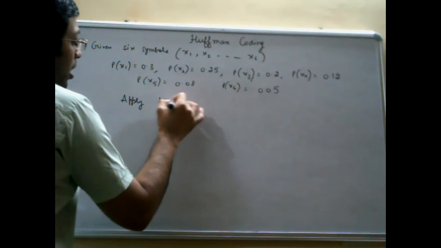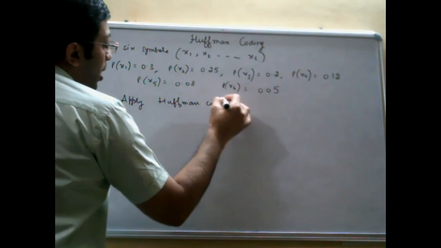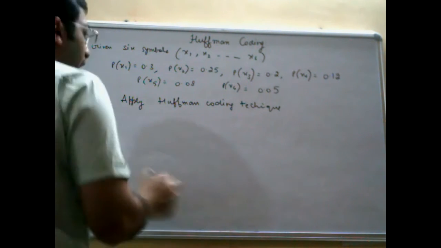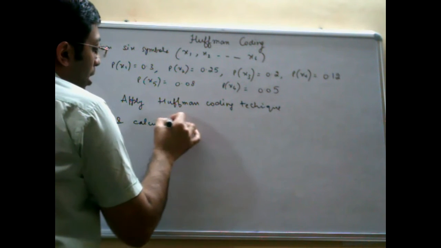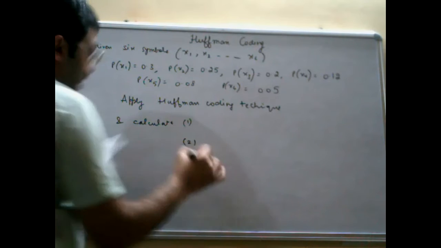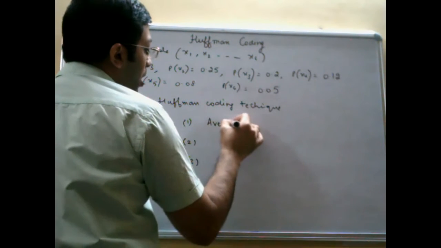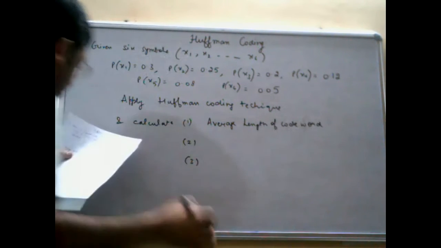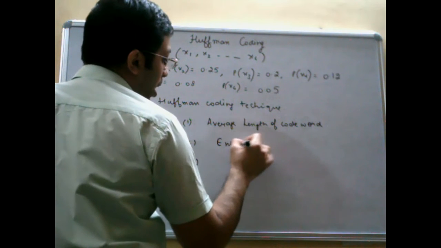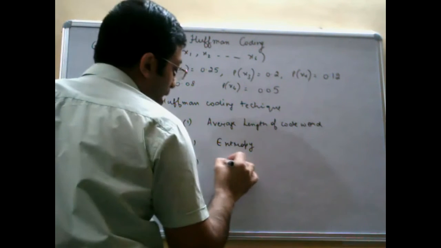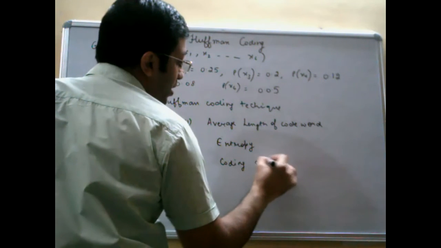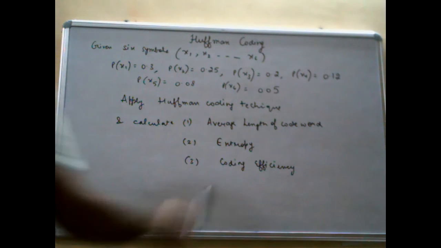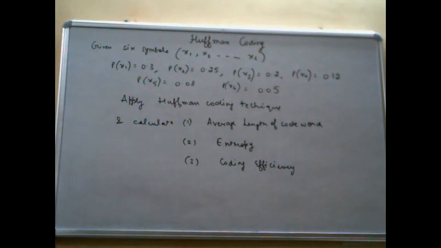Apply Huffman coding technique and calculate number 1, the average length of code word, number 2, entropy, and number 3, the coding efficiency.